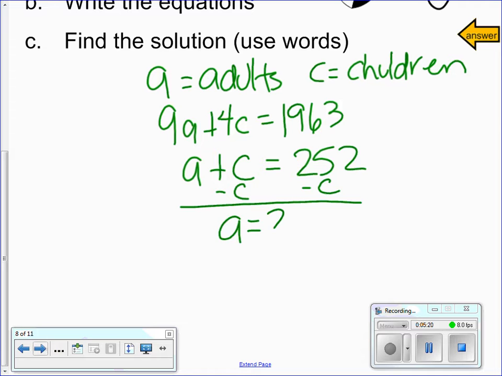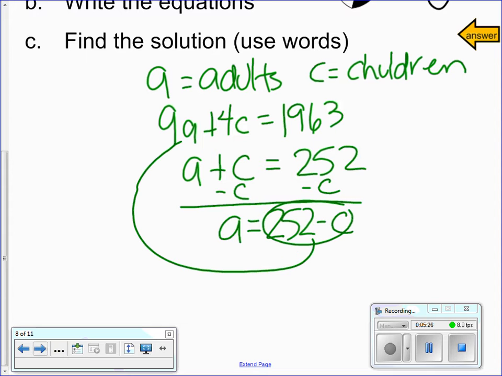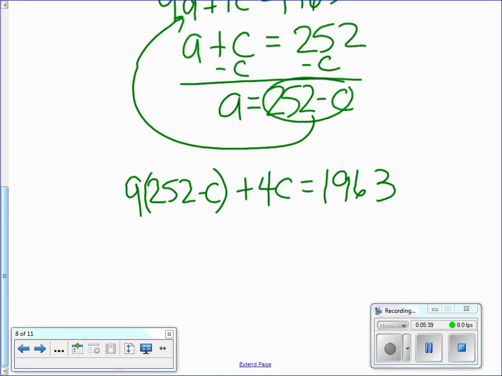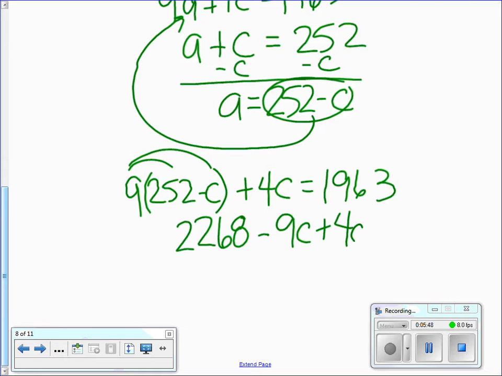So I get A is equal to 252 minus C. Now I can take this and plug it back into there. So I get 9 times (252 minus C) plus 4C equals 1,963. Use the distributive property, get 2,268 minus 9C plus 4C equals 1,963.